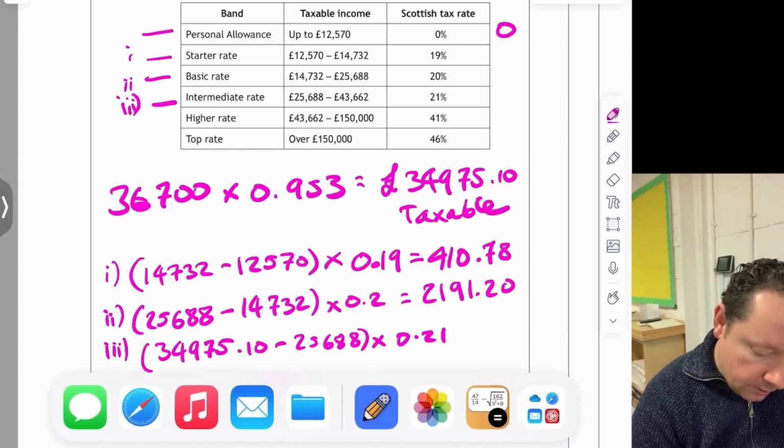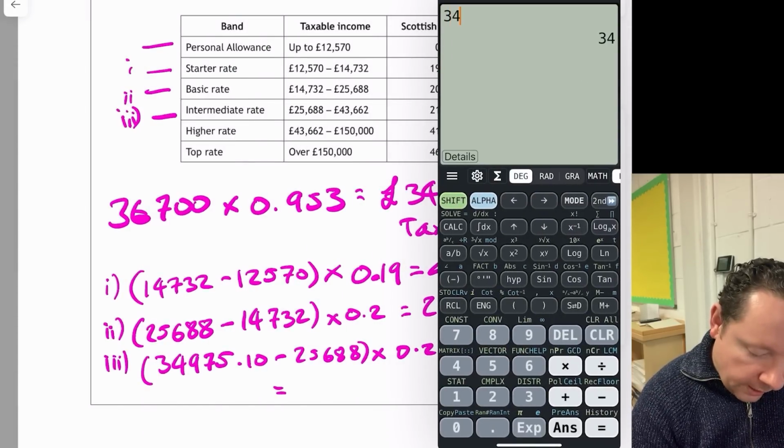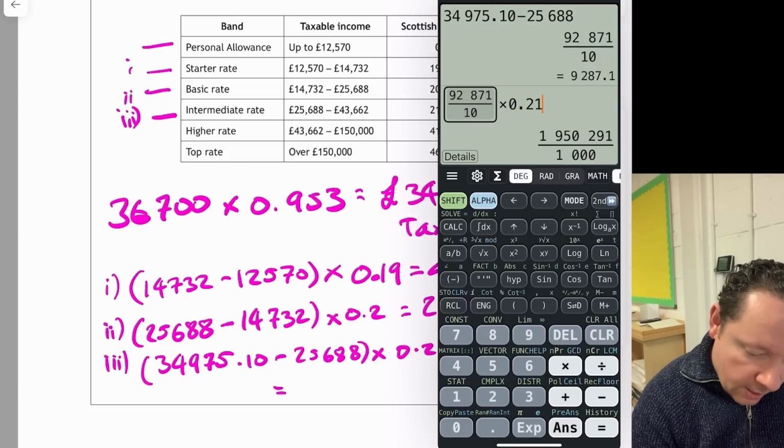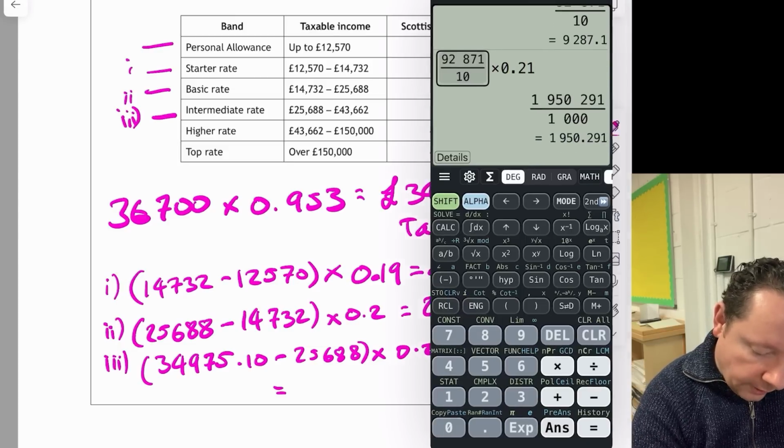So again, calculator, 34,975.10 minus 25,688 times 0.21 is equal to 1950.29.